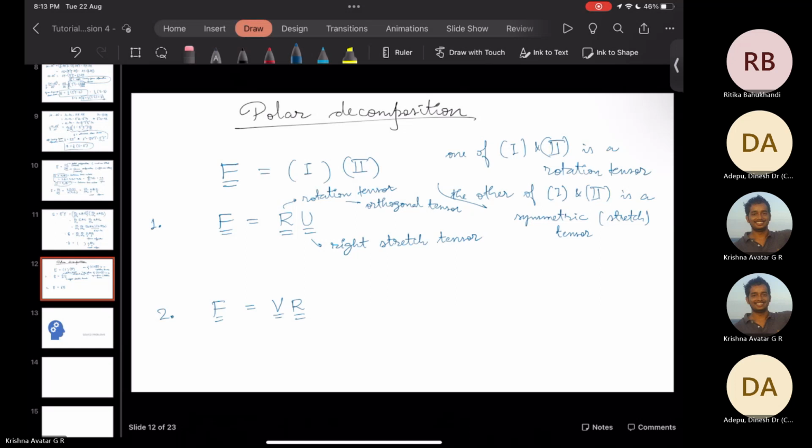It depends on how you are formulating the solution strategy or solution method, or forming the governing equations or the equilibrium equations for a particular problem. So it depends on that, and we'll explore this further as we proceed along the course. Right now, that's the idea essentially. And V here happens to be the left stretch tensor.